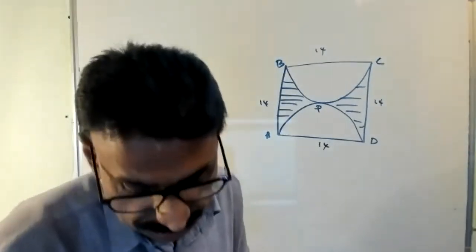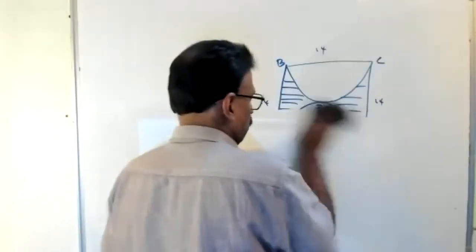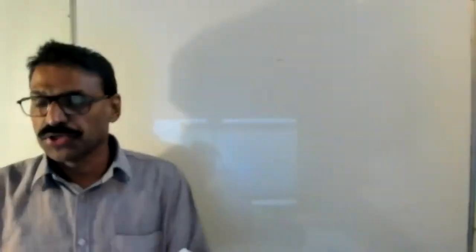Next one, right? A horse is placed for grazing. Answer is 42. Area of the square minus area of circle. Okay, no?